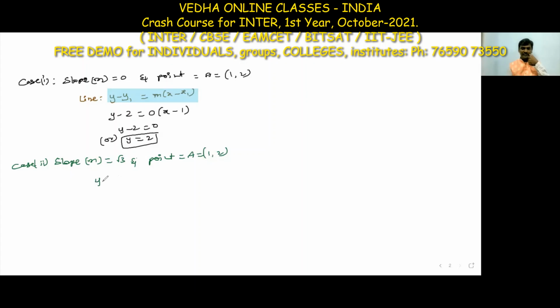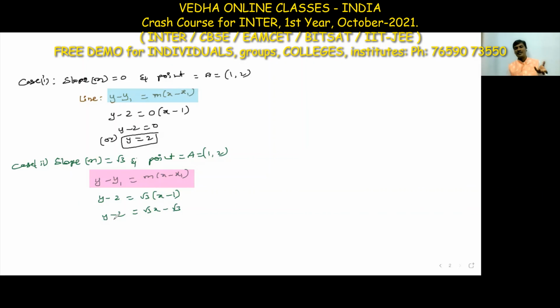Again we use the same formula, y minus y1 is equal to m into x minus x1. When we know a slope and point, we use this formula. Now y minus y1 means y minus 2 is equal to m, which is root 3, into x minus x1, which is 1. Root 3 into x minus 1 gives root 3x minus root 3 is equal to y minus 2.